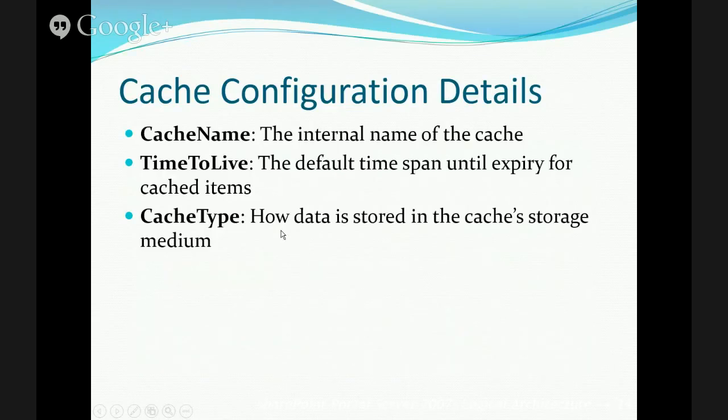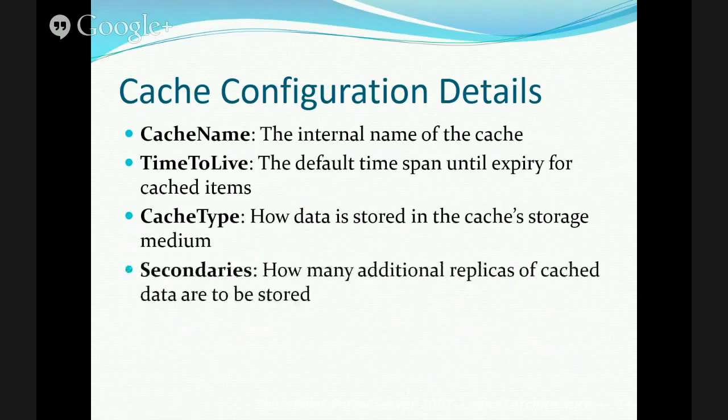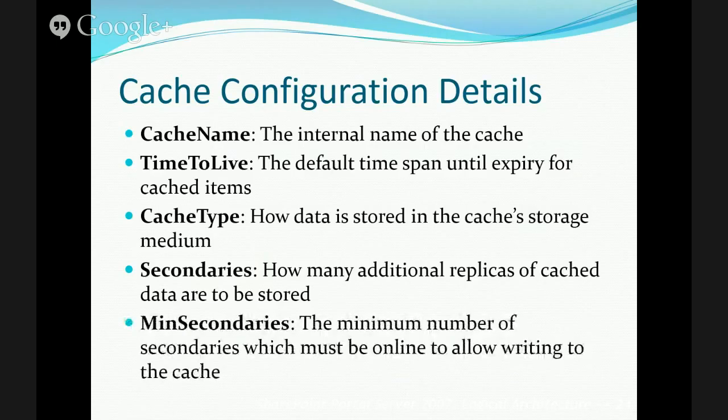As of now, partition is the default value that is available. Do we have secondaries? That means if the cache is going to expire, can we go to some other place to get the data? If the server goes down, can I have redundant data? As of now, there is no redundant data that is possible. So you have the minimum number of secondaries that also can be configured.